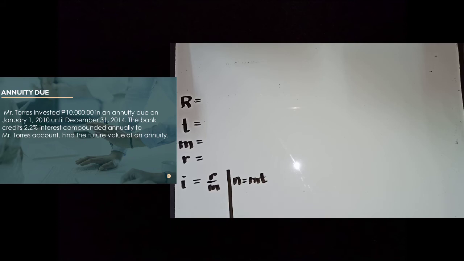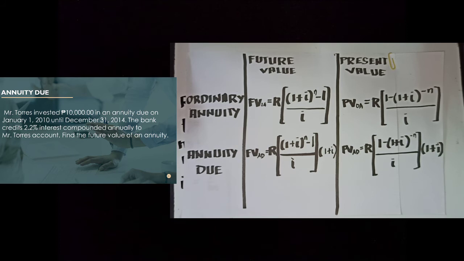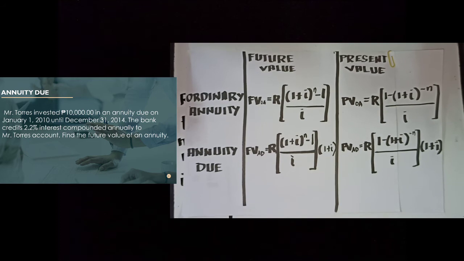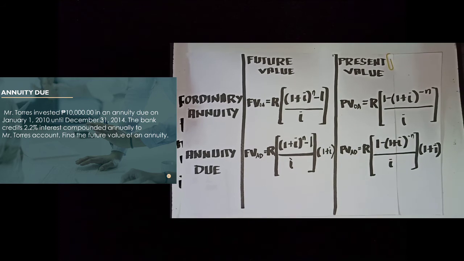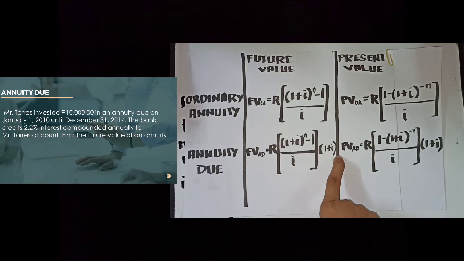Okay, so ngayon naman, we're going to solve for the future value and the present value of an annuity due. So the formula for the future value, FV sub AD, is equal to R multiplied by (1 plus i raised to n minus 1) over i, multiplied by 1 plus i.